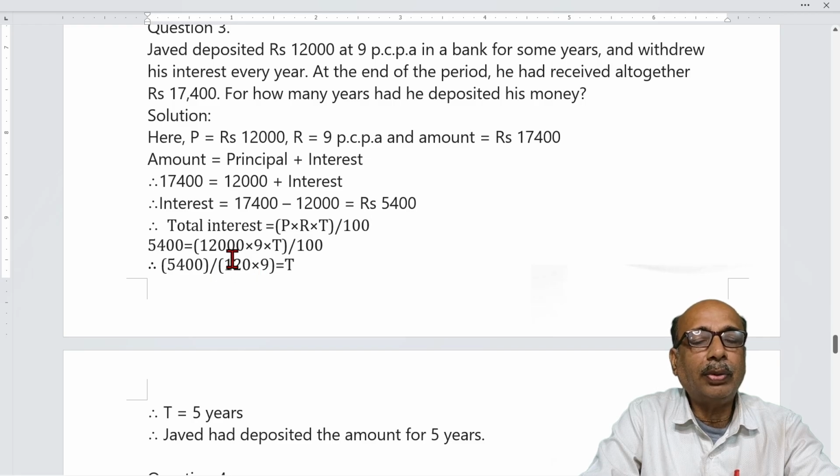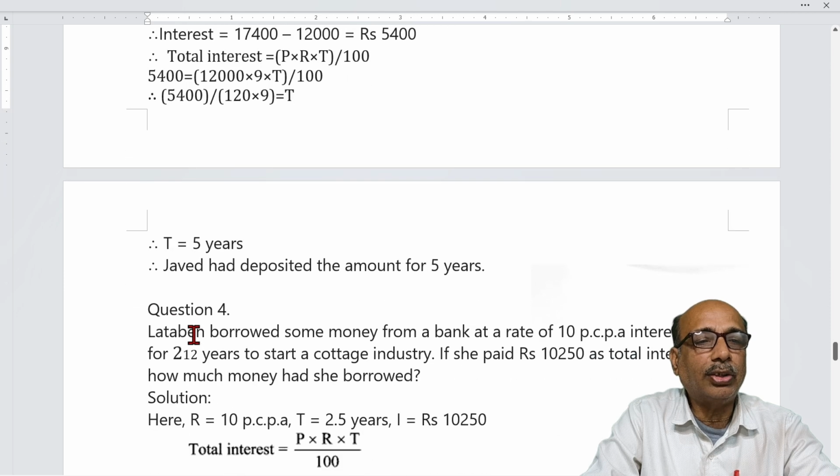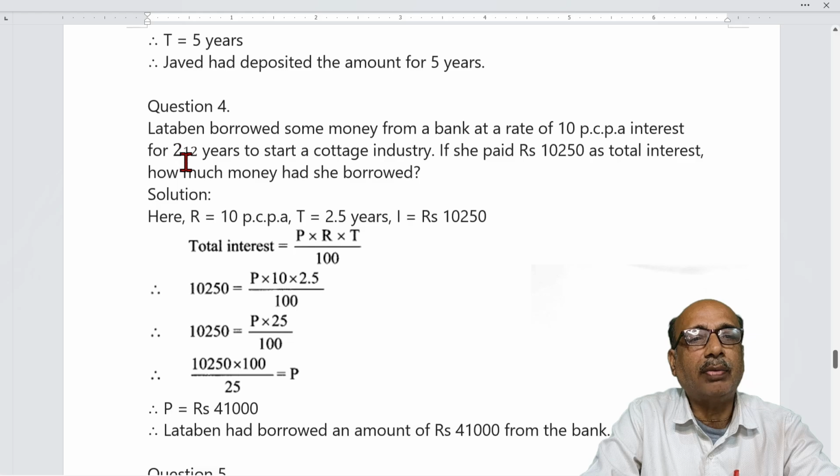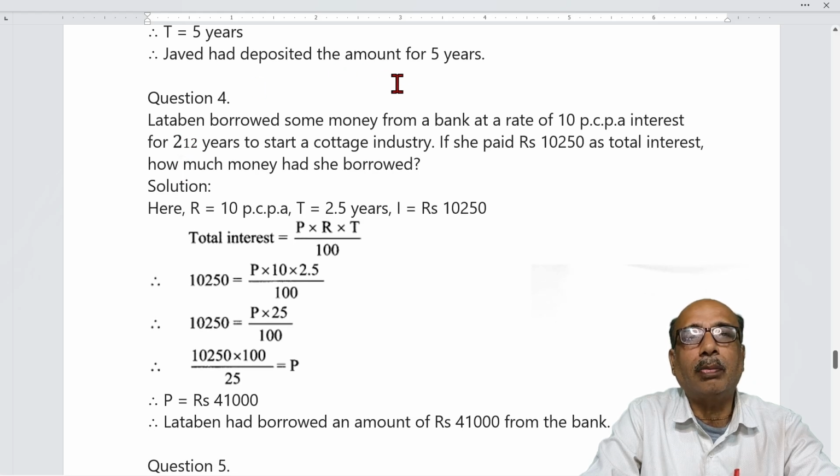Why 120 into 9? Because this 100 and these two zeros are cut here, so this will come in the denominator. Simplify this also. Therefore, T equals 5 years. Therefore, Javed had deposited the amount for 5 years.